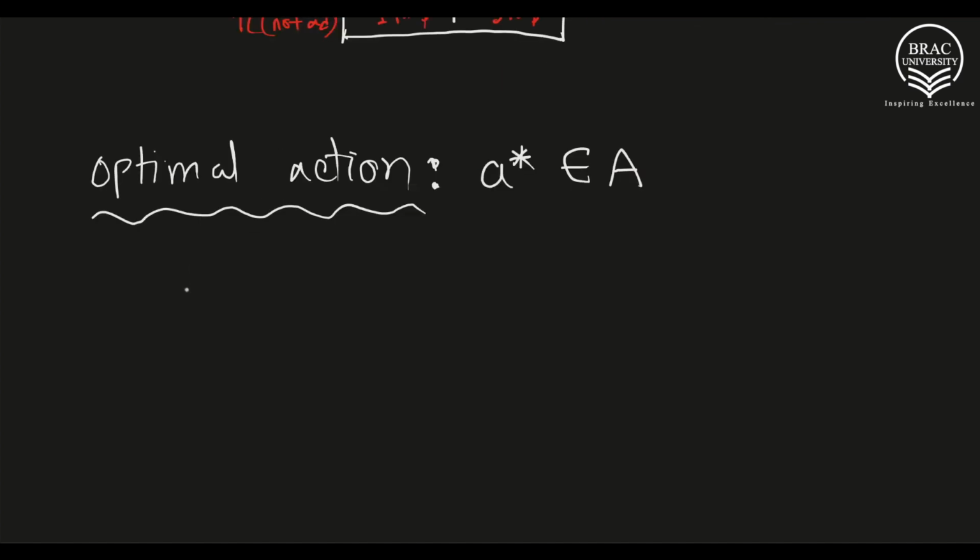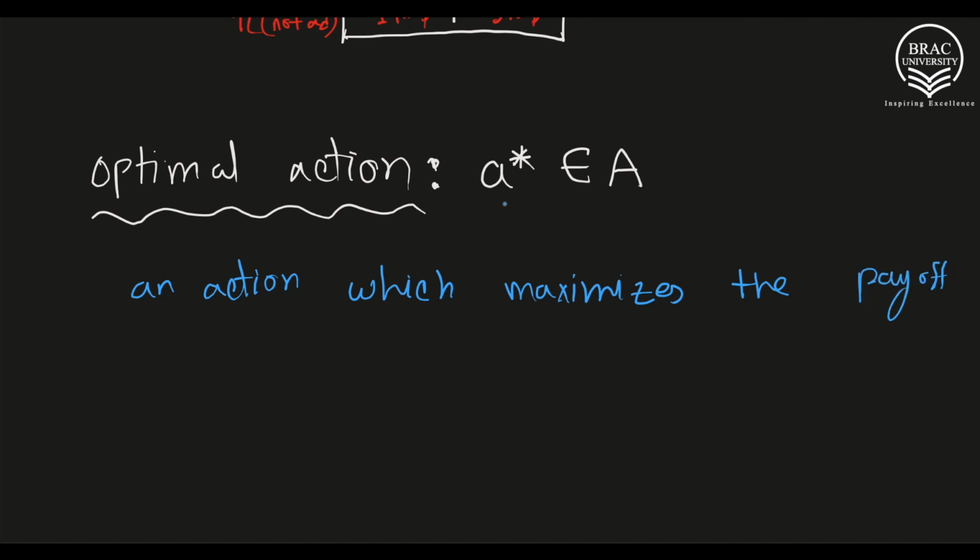An optimal action is defined as an action which maximizes the payoff. So for all possible actions, we will look into the corresponding payoffs, and the action that gives the maximum payoff is called an optimal action.